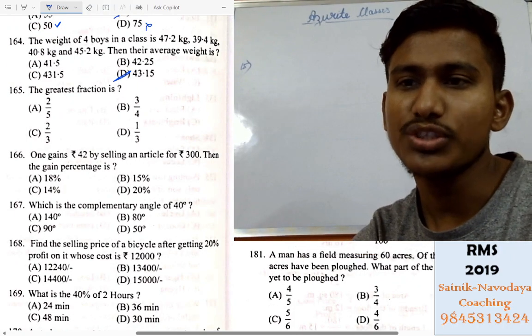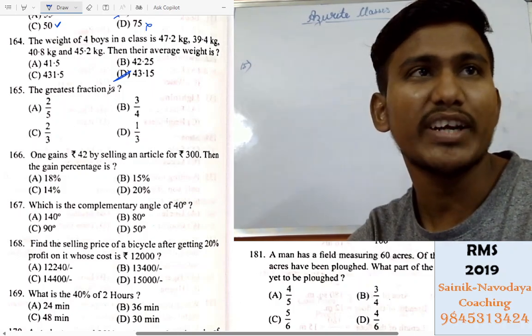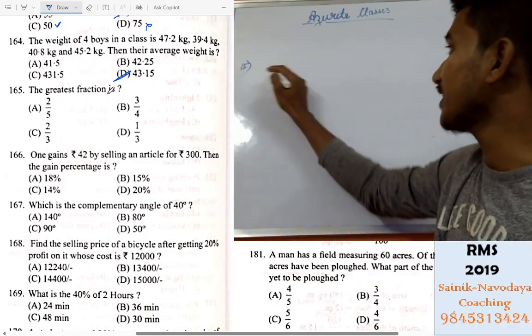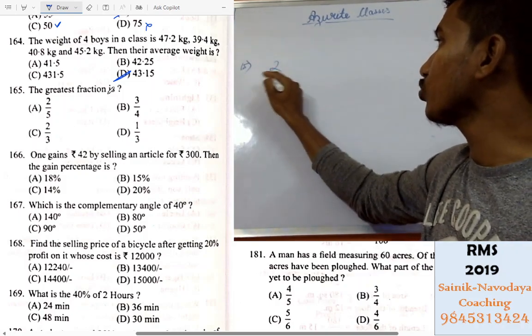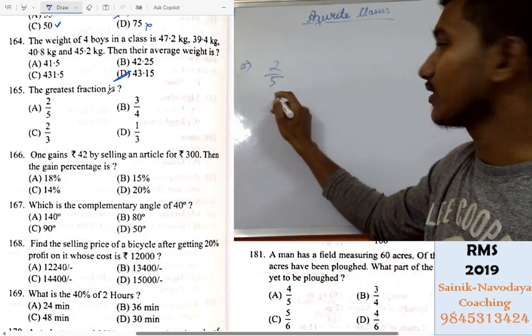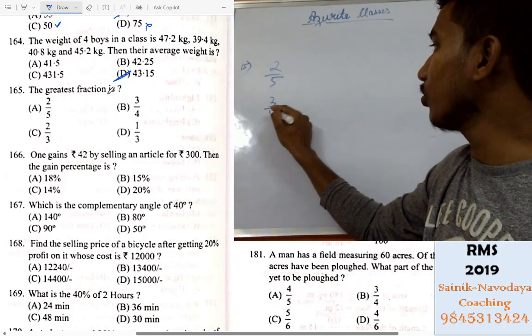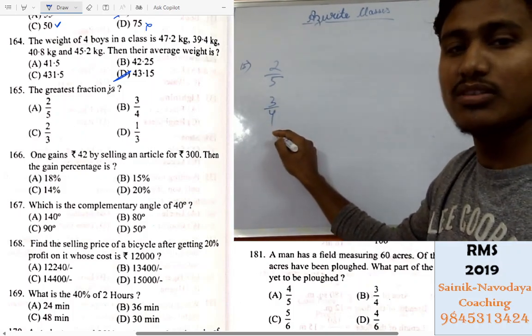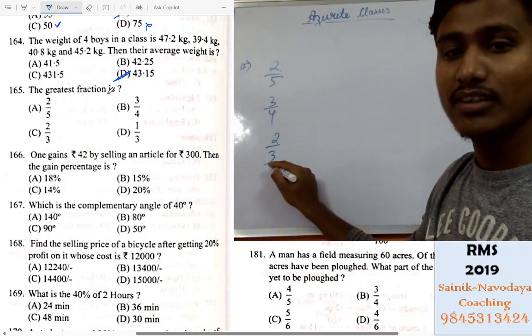So the 15th question: which fraction is greatest? We know how to find the greatest fraction. Option A is 2 by 5, next 3 by 4, then 2 by 3, and then 1 by 3.